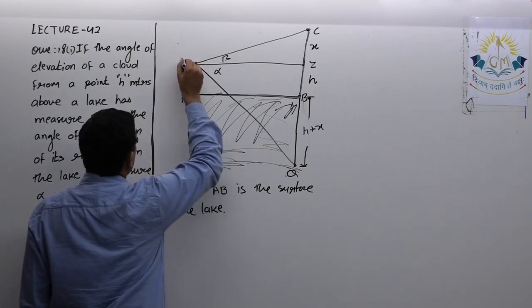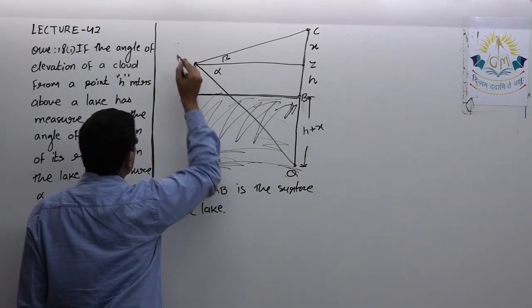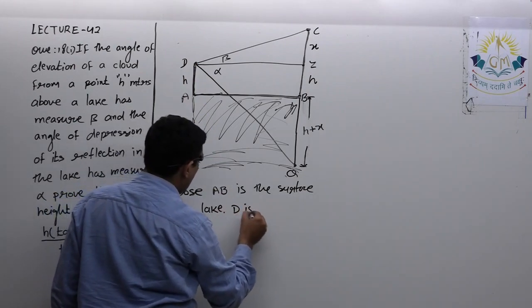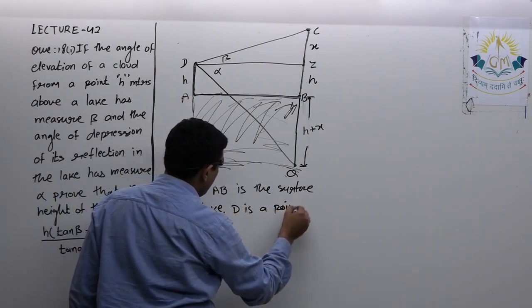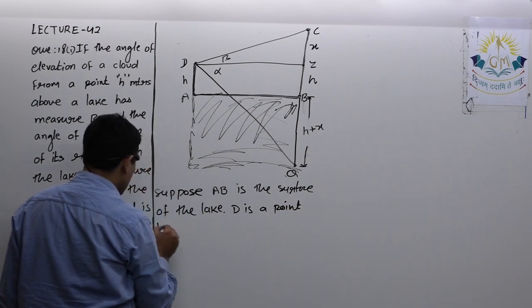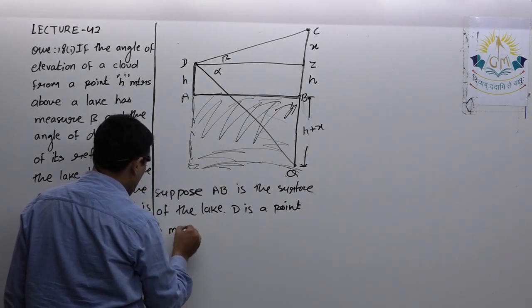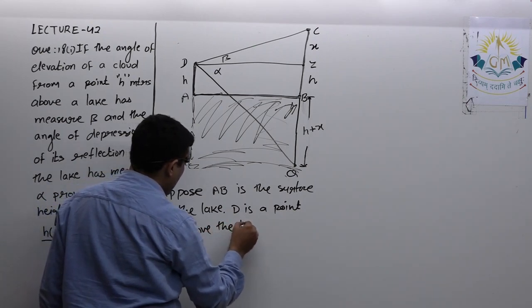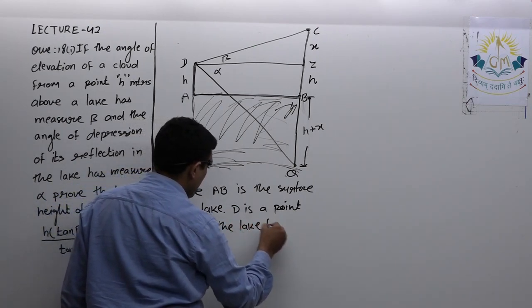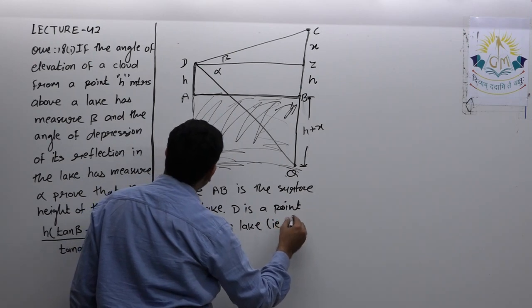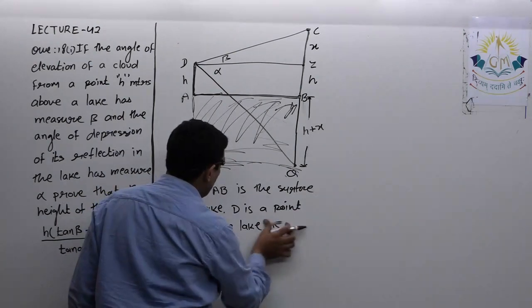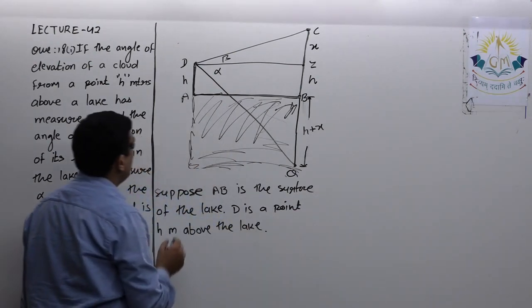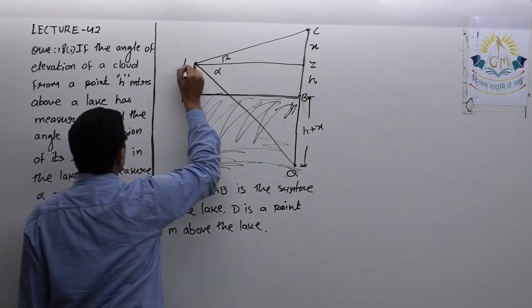Let this point be D. D is a point h meters above the lake, that is AD equal to h.